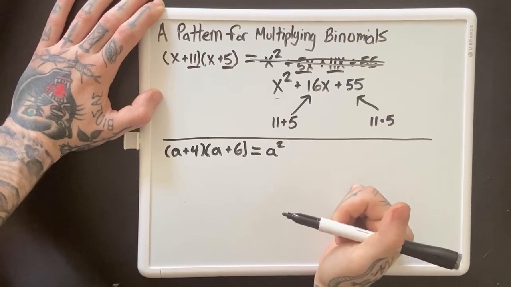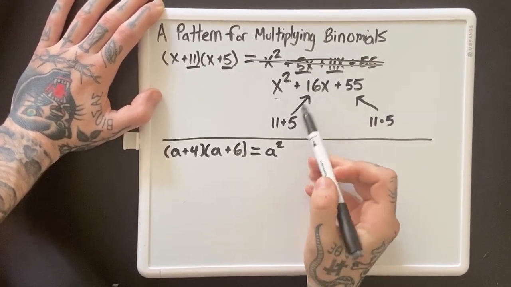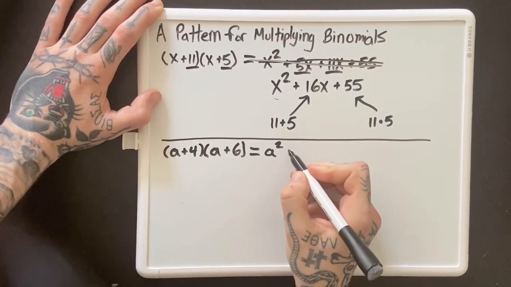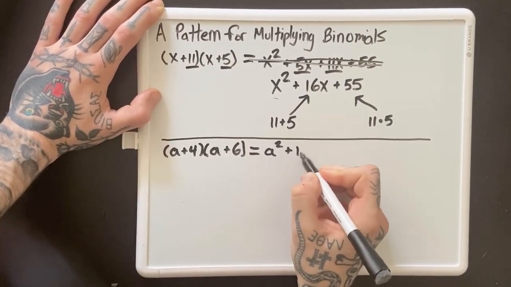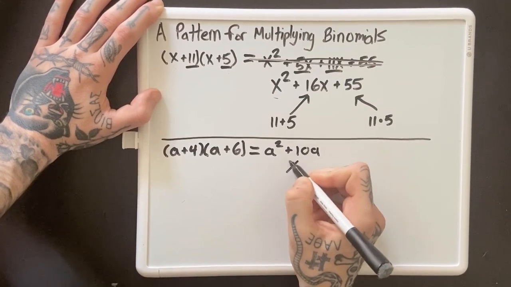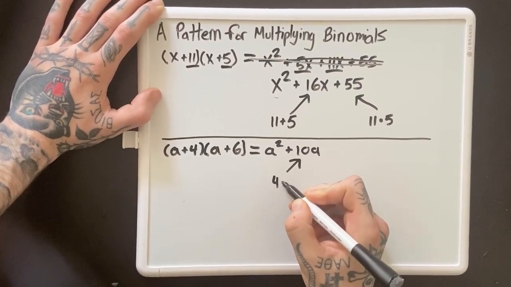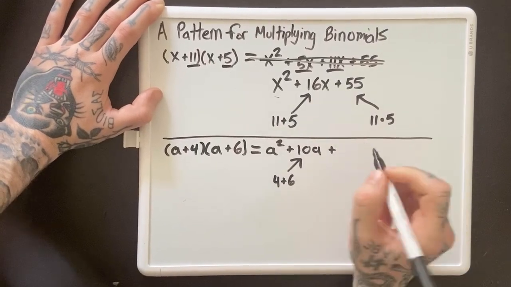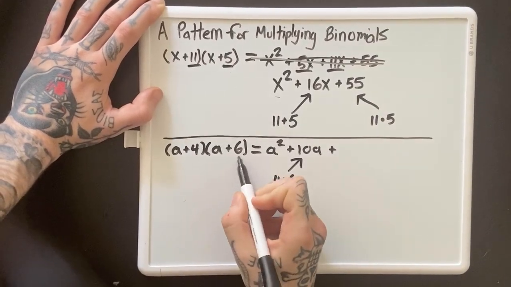So without doing any of our other methods, what does 4 plus 6 equal? It equals 10. So 10a, because 4 plus 6 equals 10, plus, what's 6 times 4?